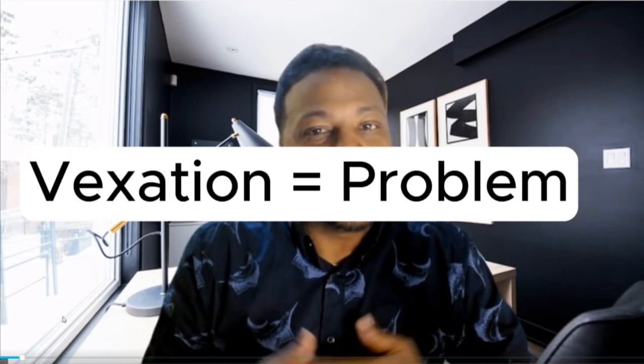What is list stacking? What we do is we take one vexation, one problem, and you stack it on top of the next problem. So think about it like this. Let's say we're pulling foreclosures, say 1,000 foreclosures.